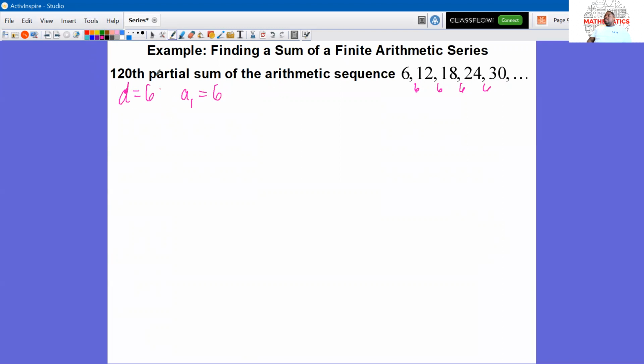And so we can actually use the formula, find term 120.